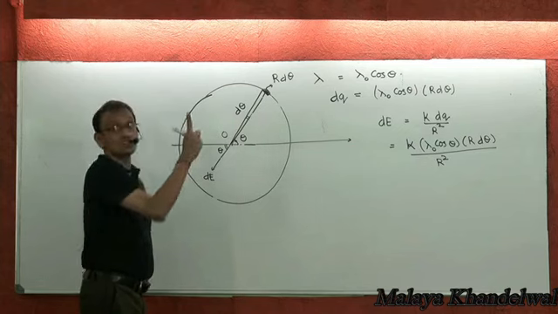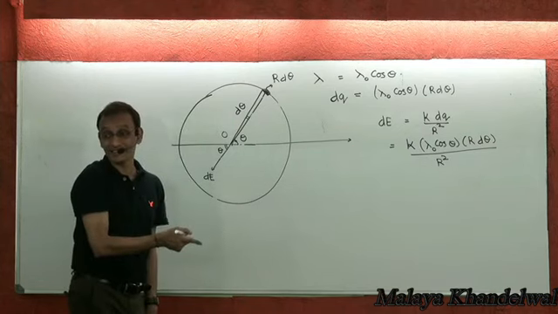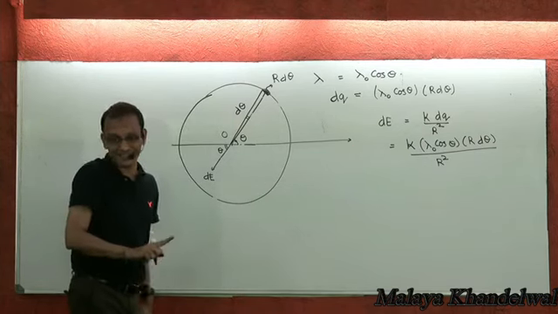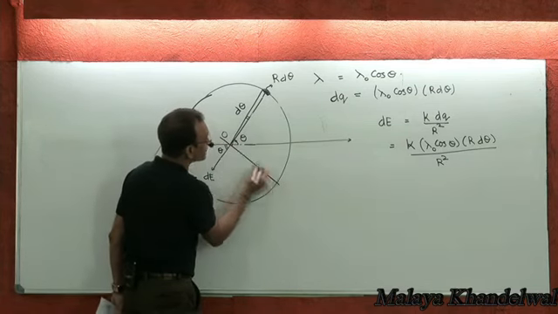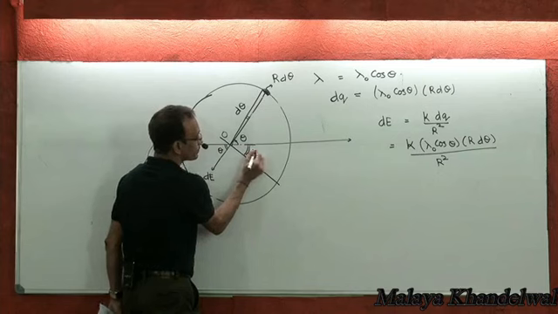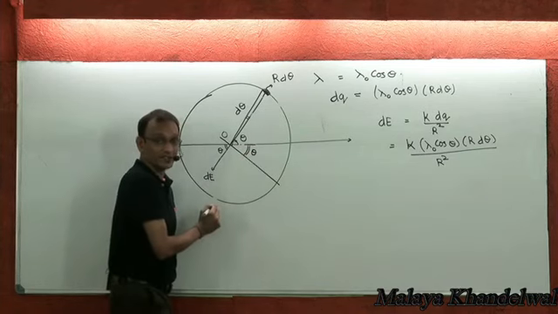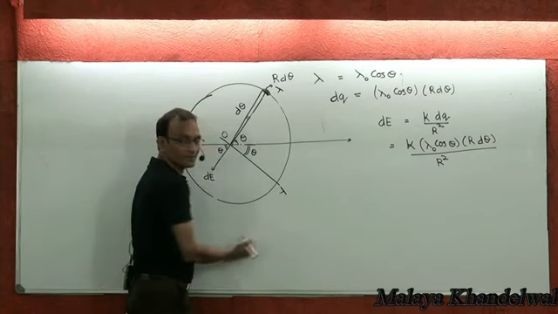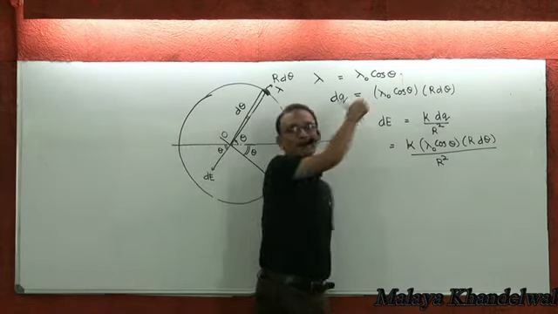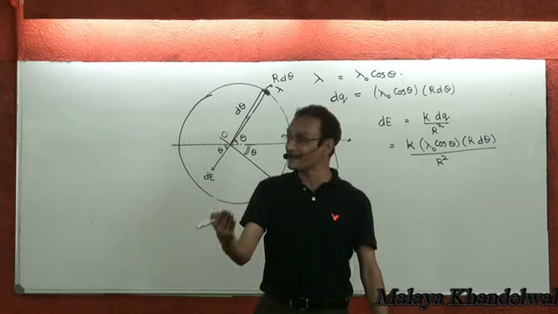Now, these dE's are all in different directions, so you can't say the total E would be the sum of all these dE's. What you do is you take an element at minus theta. This is minus theta. The lambda here will be the same as lambda here, because replacing theta by minus theta gives you the same value of lambda. Yes or no?